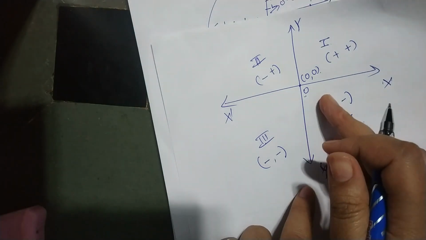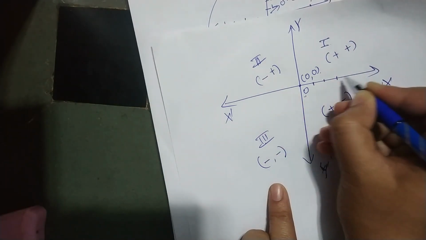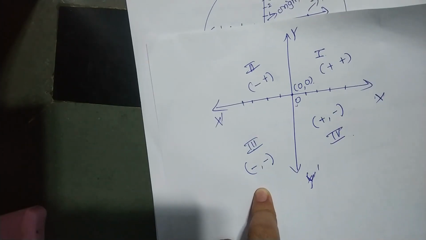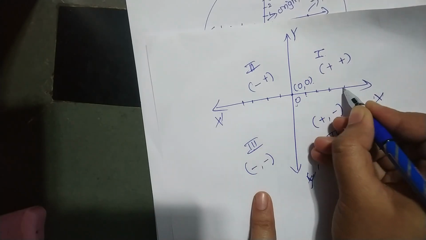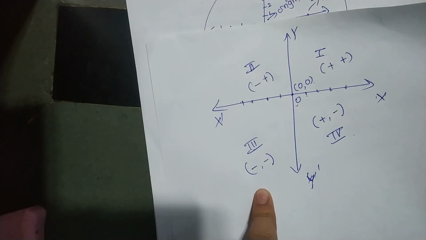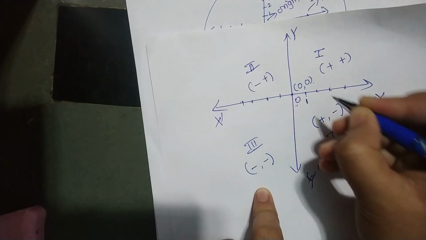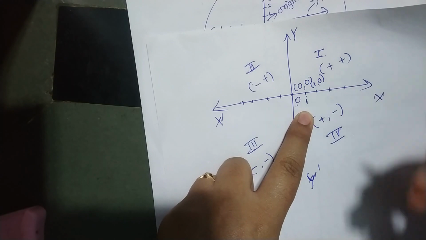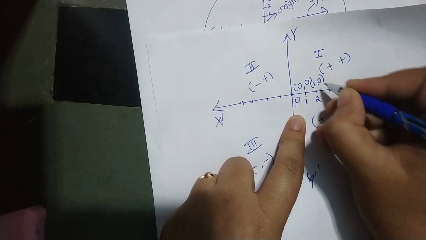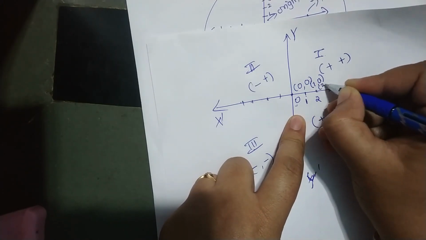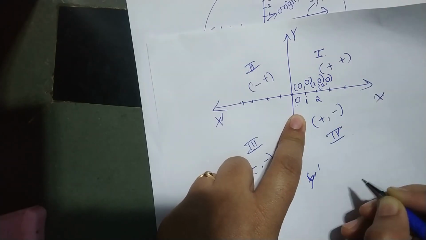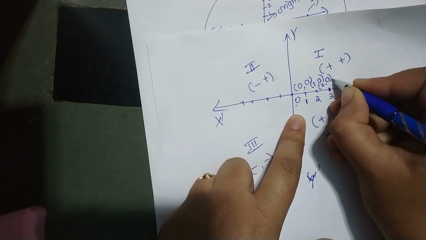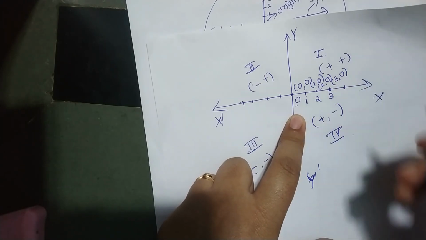Then what are the coordinates of any point on the x-axis? For x equal to 1, the other coordinate, that is the y value, is 0. For x equal to 2, the x value is 2 and the y value is 0. For x equal to 3, the y value is 0.